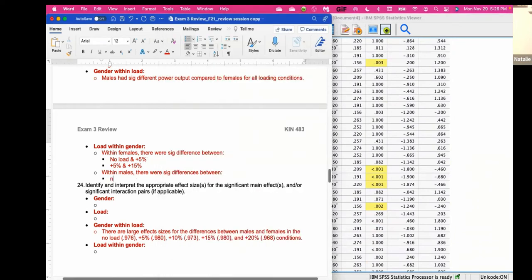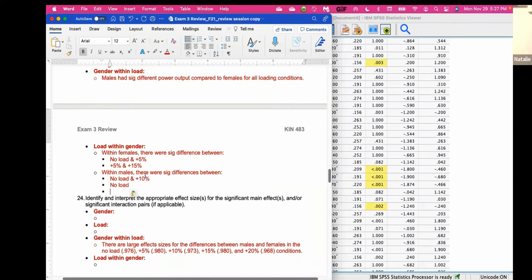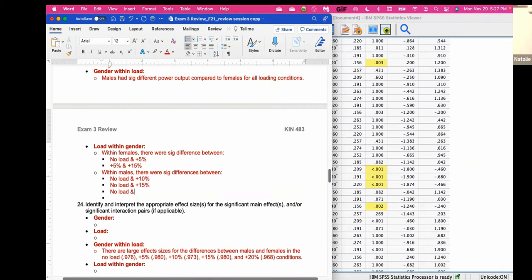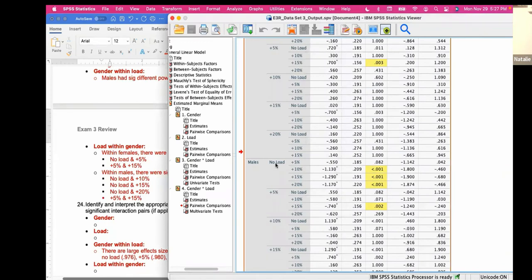So you could say no load and 10%, no load and 15%, no load and 20%, and then 5% and 15. Okay, so these four pairs are these four highlighted cells in here.